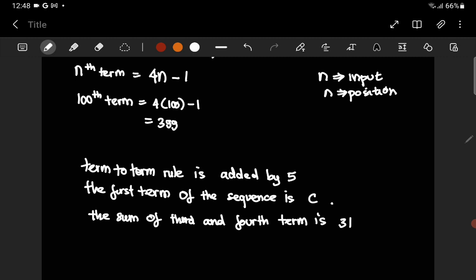And then I ask you, what will be the value of the first term?